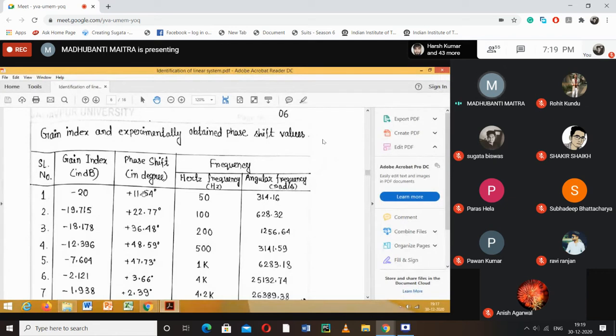Calculate the phase shift, and please check whether this value is correct or not.